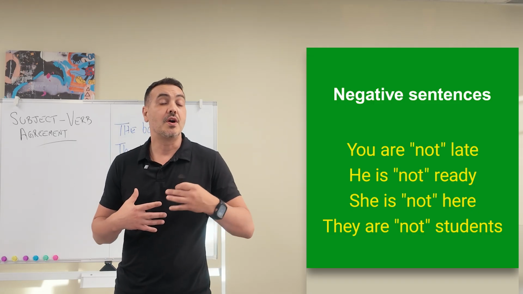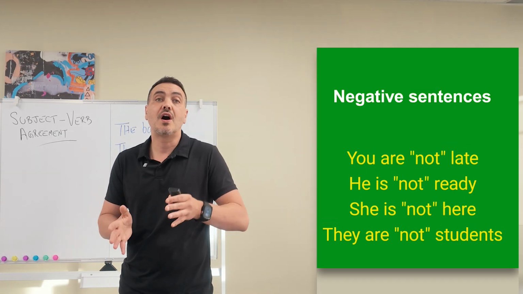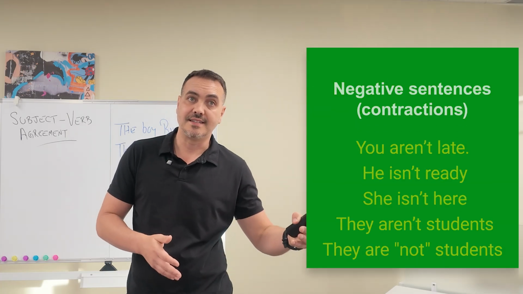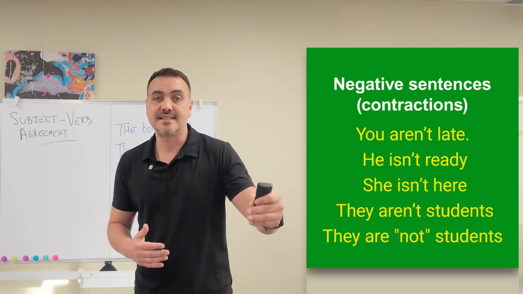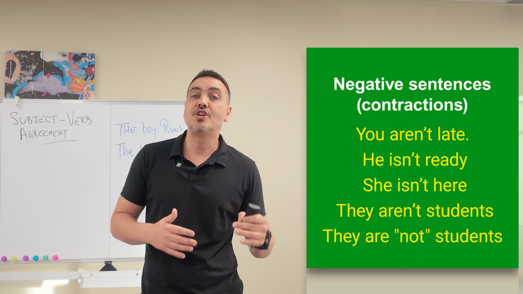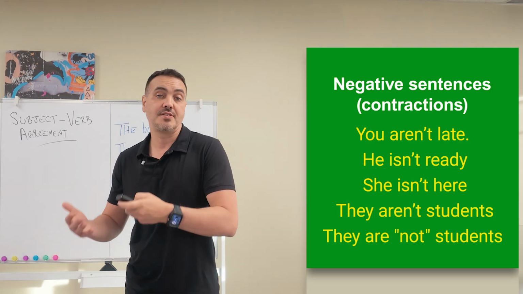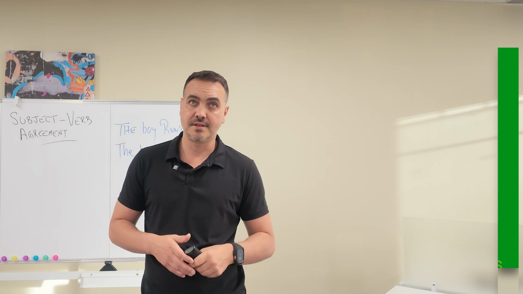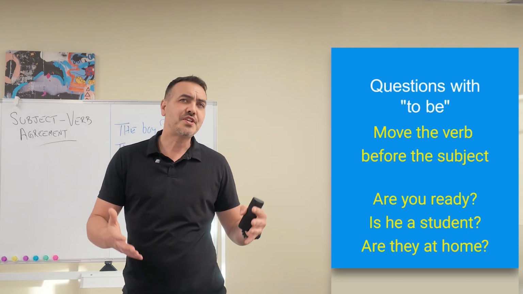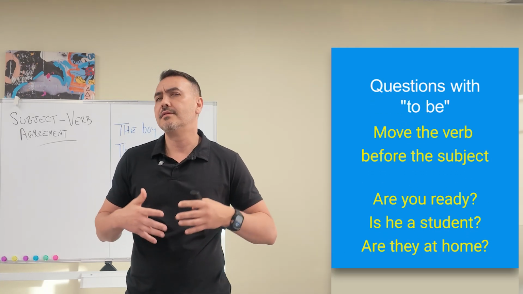Instead of saying you are not late, you can say you aren't late. He isn't ready. She isn't here. They aren't students. So questions with to be are a little bit different.